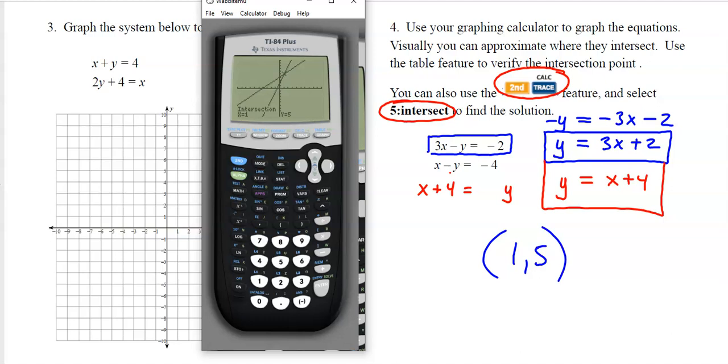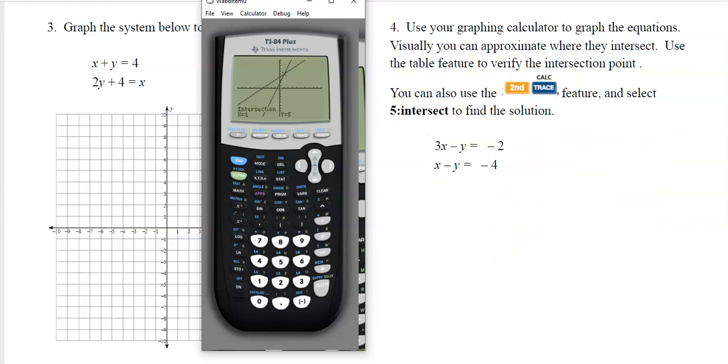I'm going to make up a fake problem for us to do that again. Once you are at the point where y1 is 3x plus 2 and y2 is x plus 4, what do you press? You're going to go to second, and then this trace button. So second calc.